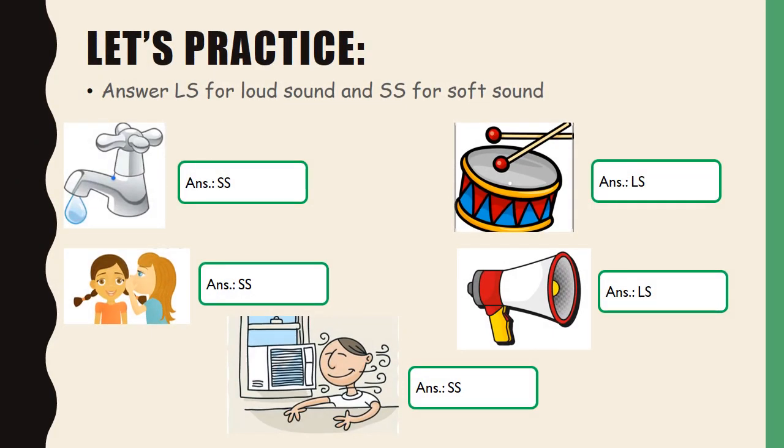The first one, the water drops from the faucet or tap, it makes a soft sound. When you whisper to someone, it also makes a soft sound. When you turn on the air condition, sometimes we hear the sound of the air coming out from the air condition. So it also makes a soft sound.